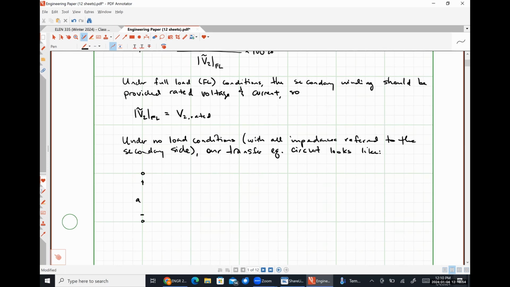So here we have A times V1, A squared RC, jA squared XM.